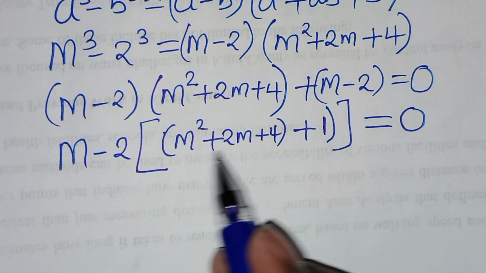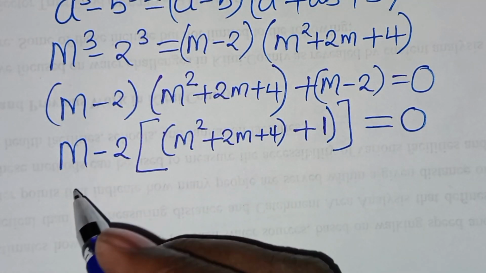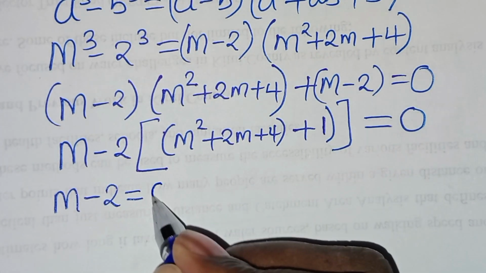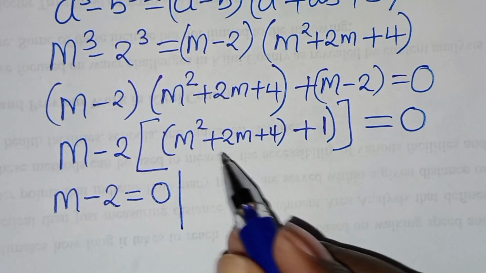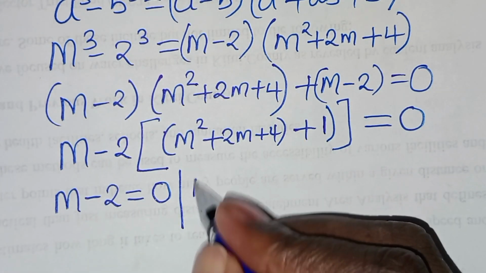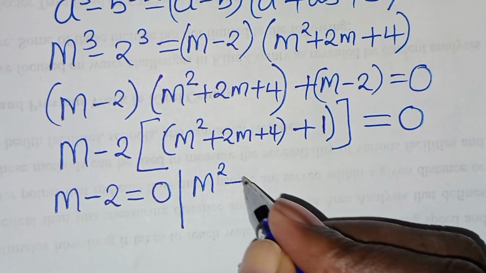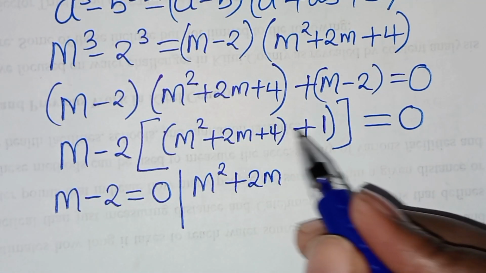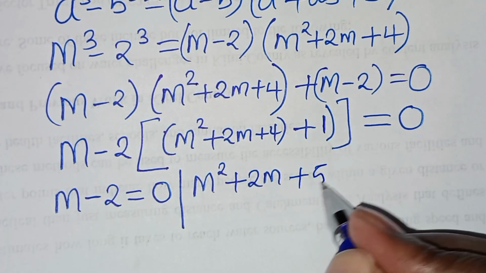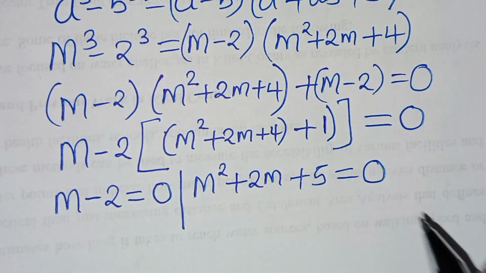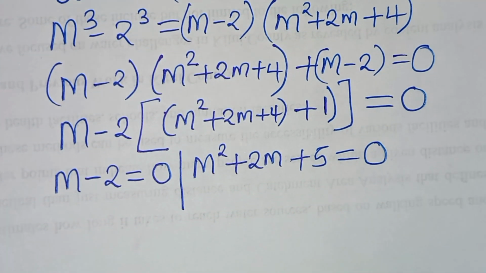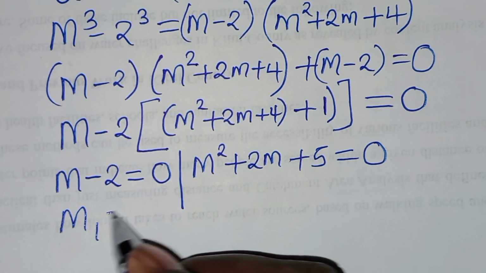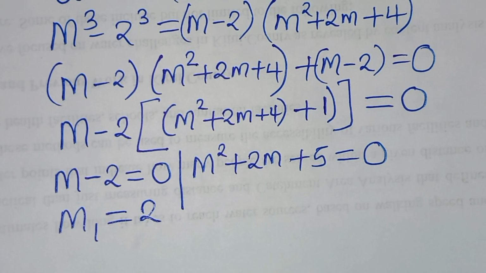Now, here we have two parts. The first part is m minus 2, which is equal to 0. And the second part here is m to the power 2 plus 2m, then we have 4 plus 1, which is 5. This is equal to 0. So this implies that m1 is equal to 2.